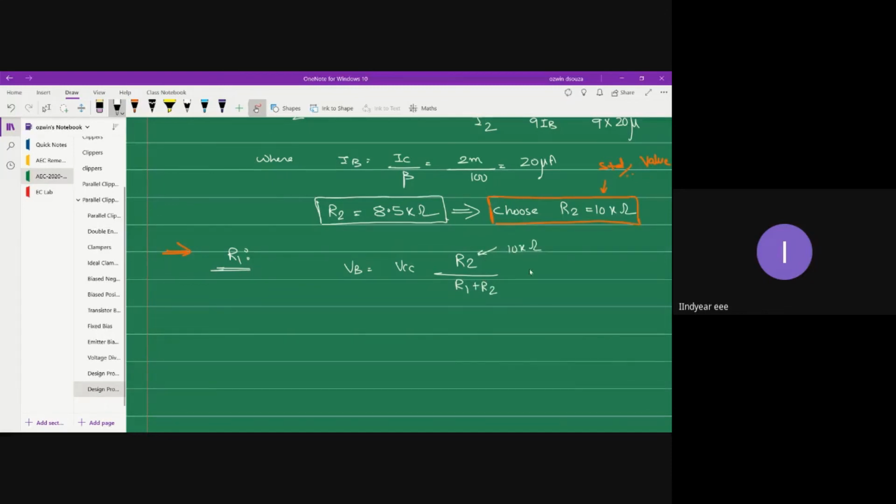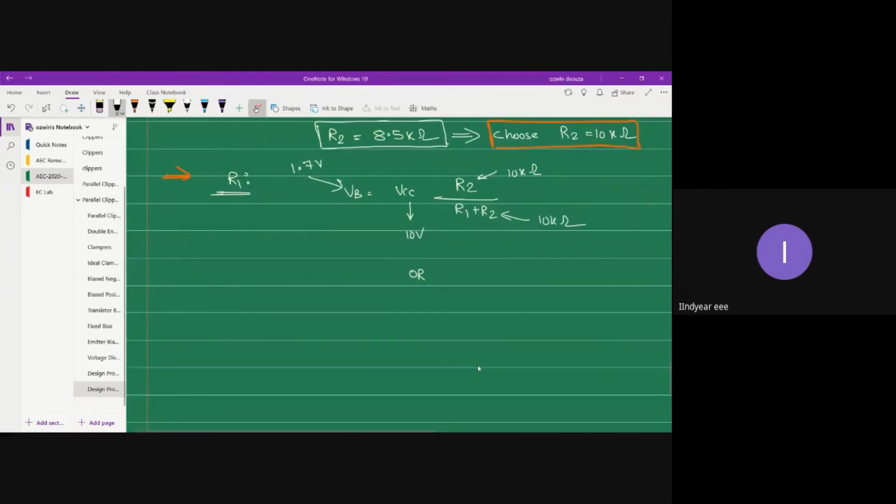R2 is 10 kilo ohm, VCC is 10 volts and VB is 1.7 volts. Or you can also find R1 another way.